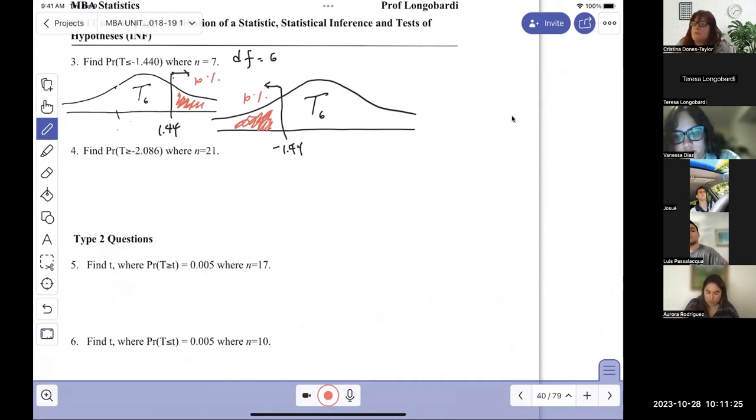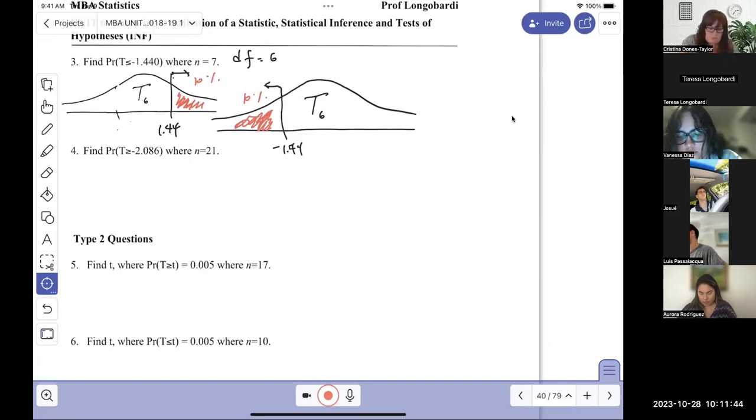Okay, there's one more of these types. This is called a type 1 problem. That's how I name them. So I'm finding the probability given the number of standard deviations from the center, the mean. So this last one, I want to go greater than negative.